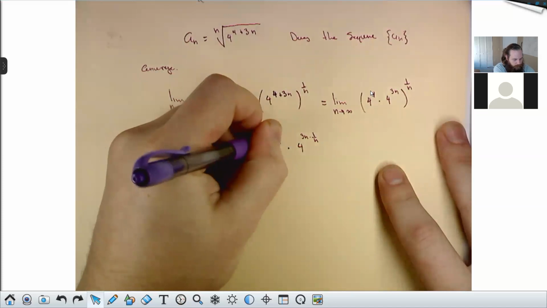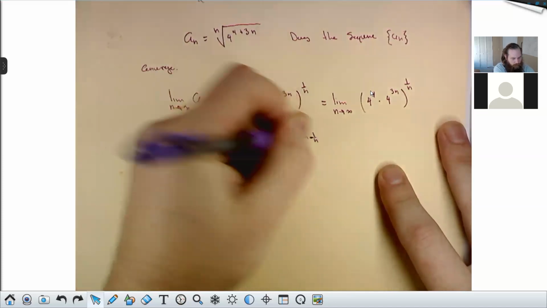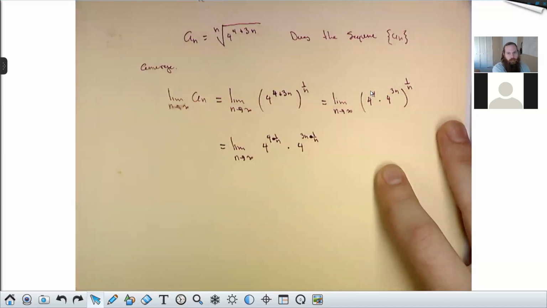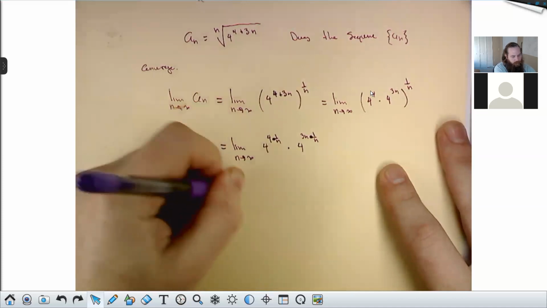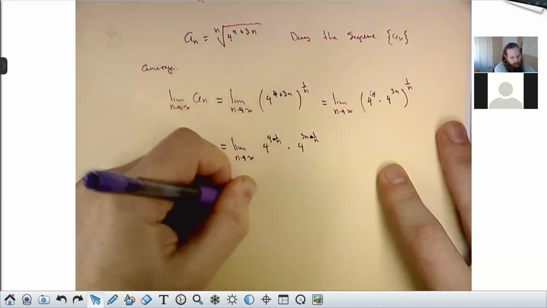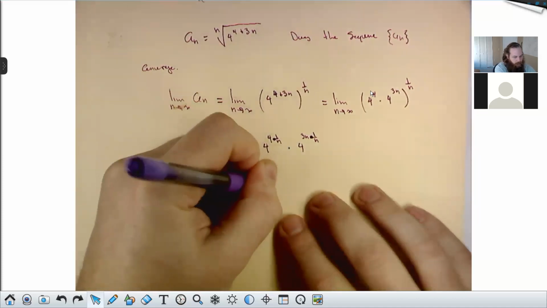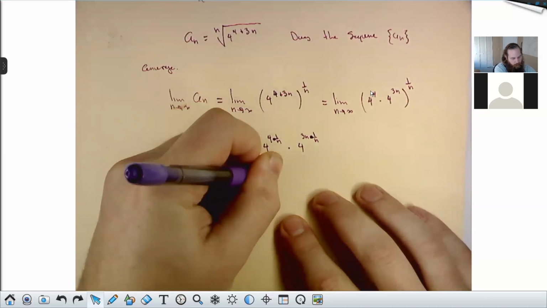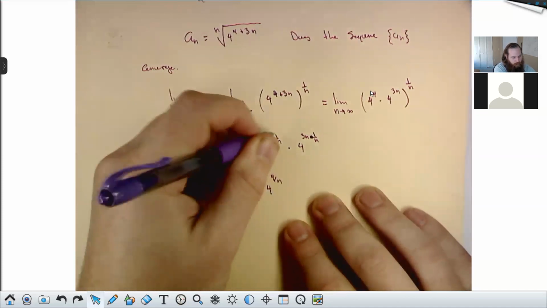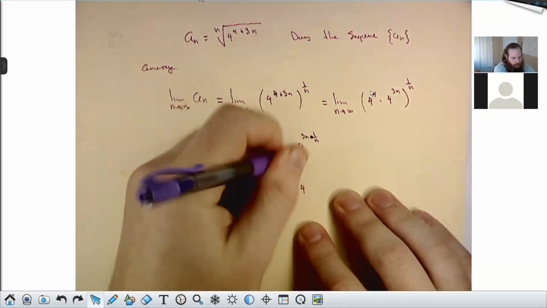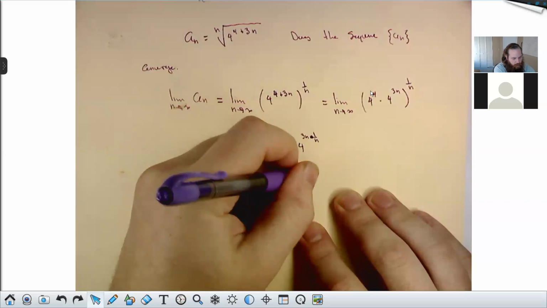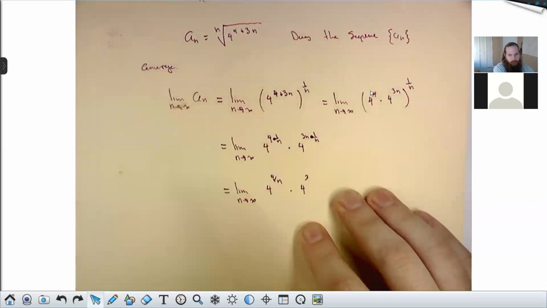And this is multiplication. In the second piece, the n's cancel. So here I'll have 4 raised to the power of 4 over n, that's the first piece, times 4 raised to the 3n times 1 over n, that's just 4 raised to the 3.